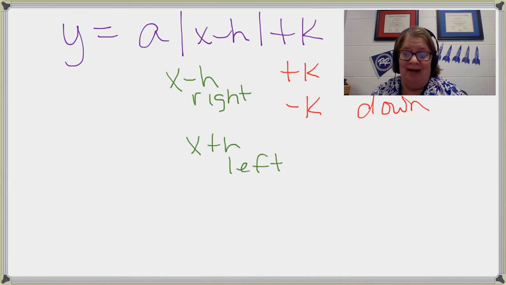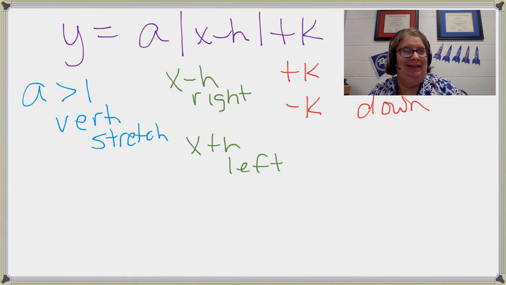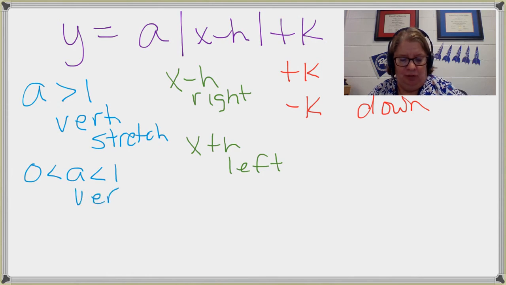Okay. Then we have the a. If your a is greater than 1, that's a vertical stretch. Think about a rubber band. It gets skinny. If the a is between 0 and 1, that's a vertical compression.